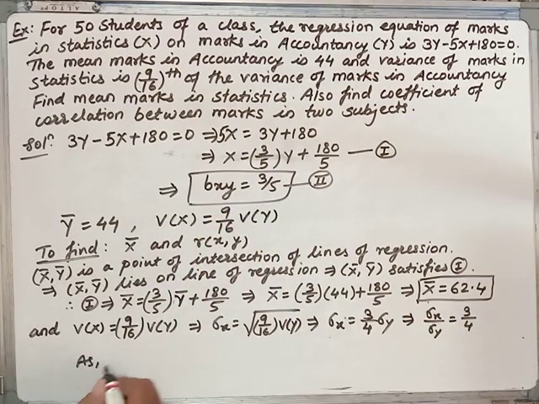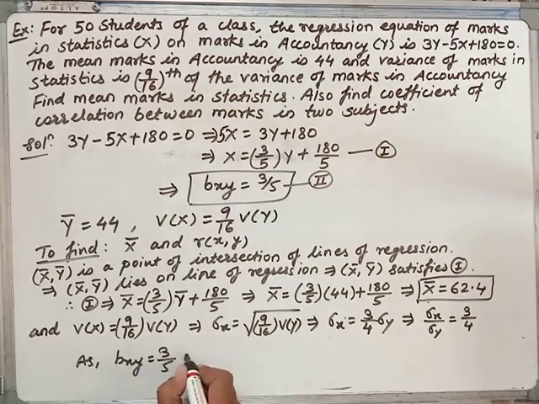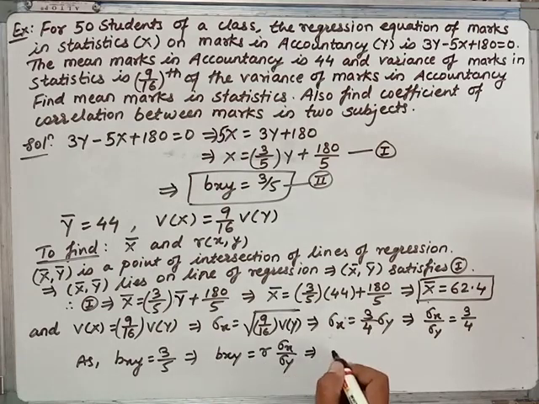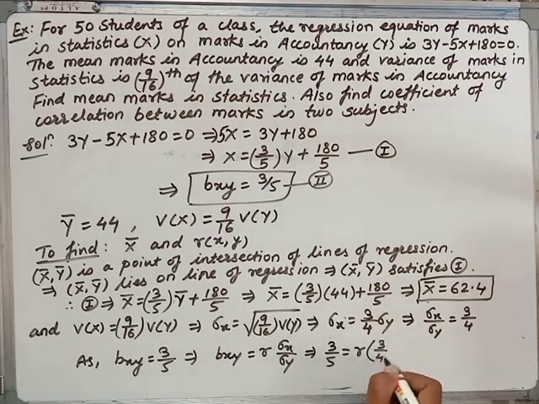Now what is with us? bxy is equal to 3 by 5, and bxy is nothing but r into sigma x by sigma y. So that gives 3 by 5 equal to r into 3 by 4.